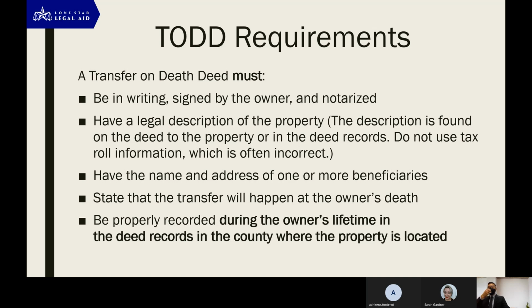So again, don't just use my cousin, use my cousin John Doe or John Doe at 123 Main Street, Houston, Texas. And then it also must state that the transfer will happen at the owner's death. And finally, it has to be properly recorded during your lifetime in the deed records in the county in which the property is located.